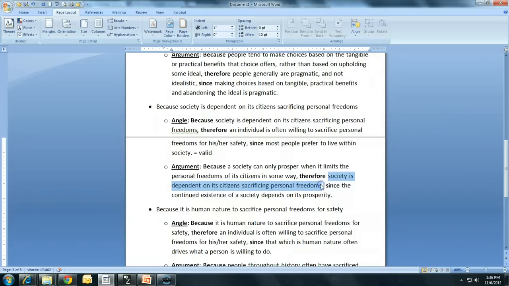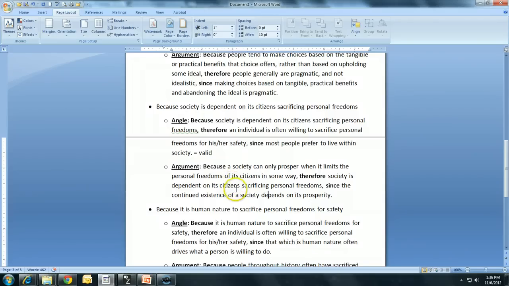The second one talking about how society is dependent on the way that I said it can only prosper, and so my warrant is this is the only way society can continue to exist, if it prospers. Societies that do not prosper no longer exist. They eventually cease to be, and so that's another sound argument there.